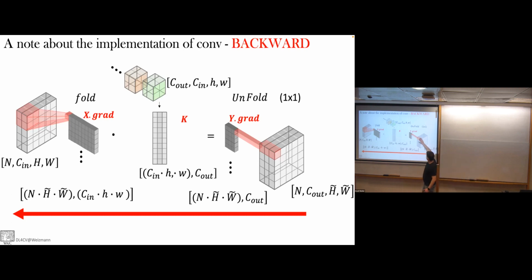Before this was fold because I was going from this to this. Unfold one by one. So it's just reshaping. I have this list of vectors. For each pixel, there is a vector on the side of the channels. And these are of course the gradients. And I reshape it. Now, I change the order now.